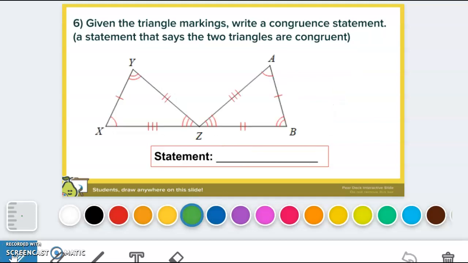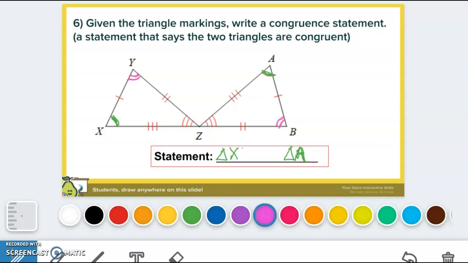What about this? Again, don't go by the visual as to what you think are the same. You need to go by the markings. Alright, so I see that one arc matches with one arc here. That means vertex X on the left hand side corresponds to vertex A on the right triangle. Then what about two arcs here and two arcs here?